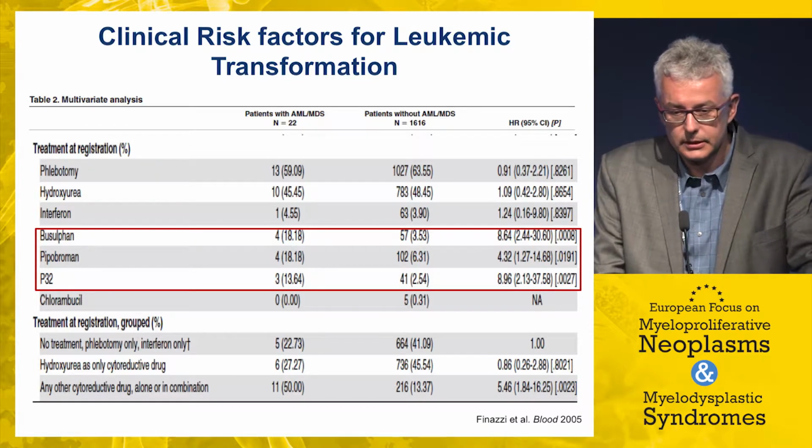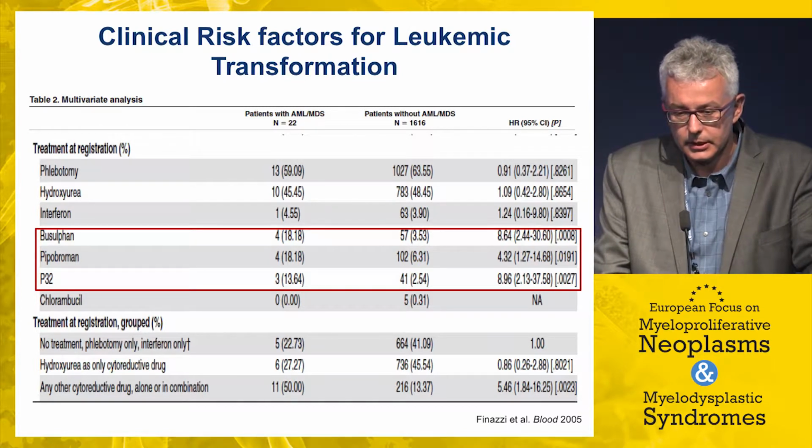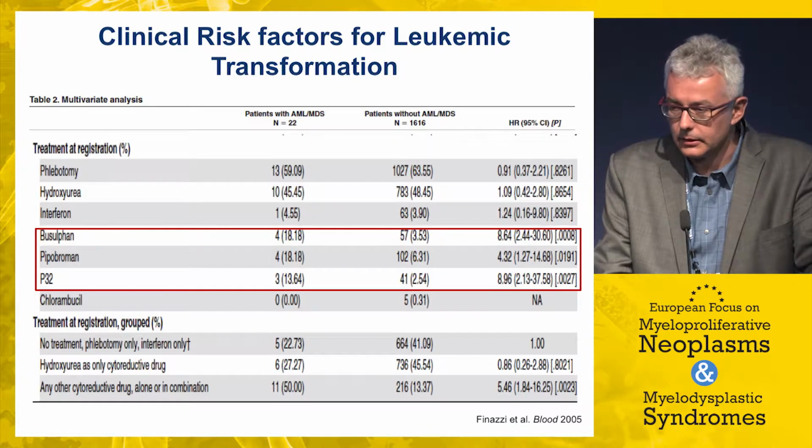And further to this, this is one of the studies in polycythemia vera from 2005, where busulfan, pipobroman, and radioactive phosphorus were clearly identified as the culprits in increasing the risk of patients with polycythemia vera for transformation to acute myeloid leukemia.